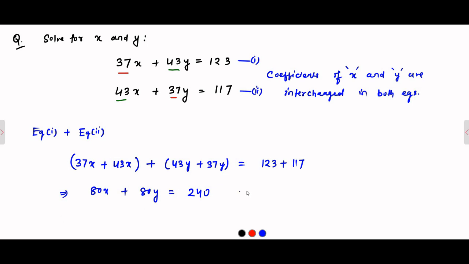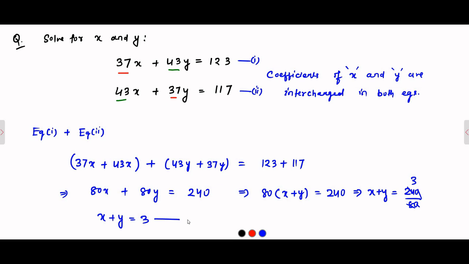That implies 80 into (x plus y) is equal to 240. That implies x plus y is equal to 240 by 80, which is equal to 3. So x plus y is equal to 3. Let's call it equation number 3.